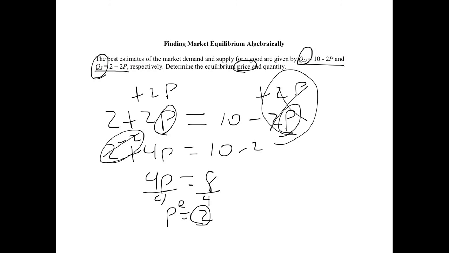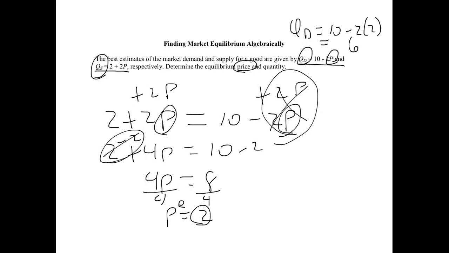So we can simply take that price of $2 and substitute it for p. I'm going to use the demand equation. So quantity demanded equals 10 minus 2 times the price of 2. So quantity demanded would be 10 minus 4, or 6.